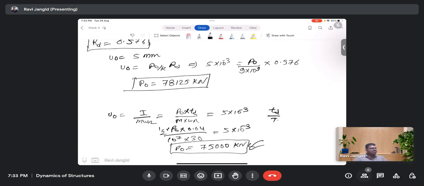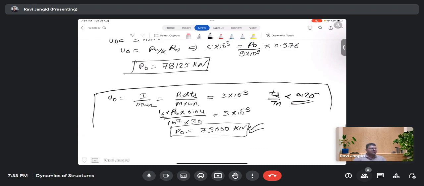In our assignment problems or end semester exam problems, you have to remember that in most of the problems, in your exam paper as well as your assignments, they give you a range, so that if you calculate by either of the two methods, your answer will fall in that range.